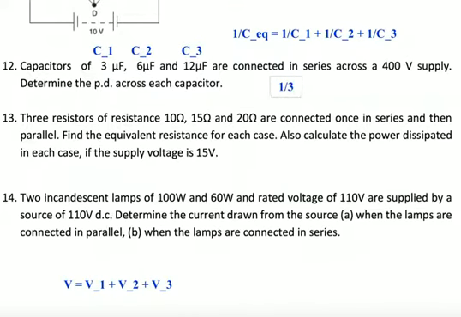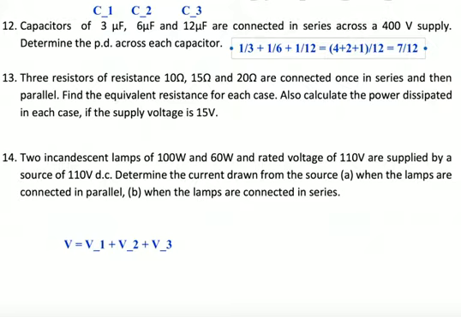What is the LCM? The LCM is 12. 3 4s are 12, plus 6 2s are 12, plus 1 12 is 12. So 7 by 12 is 1 by C equivalent. Then C equivalent is 12 by 7 microfarad.